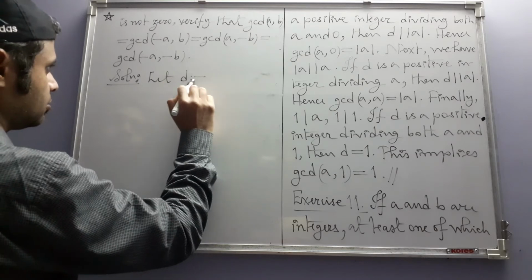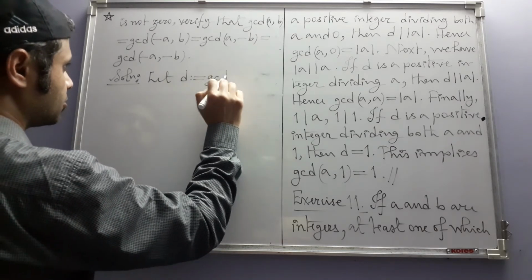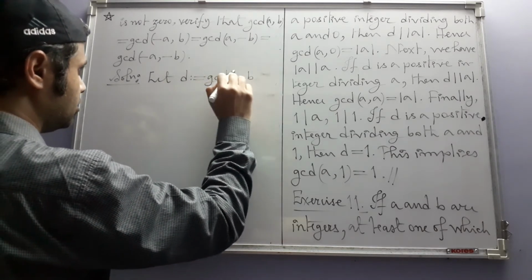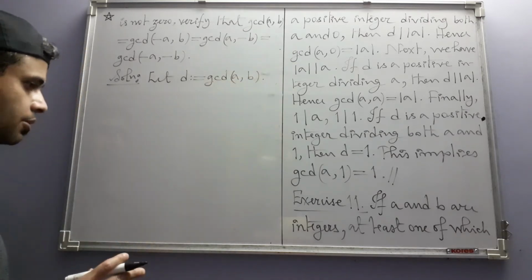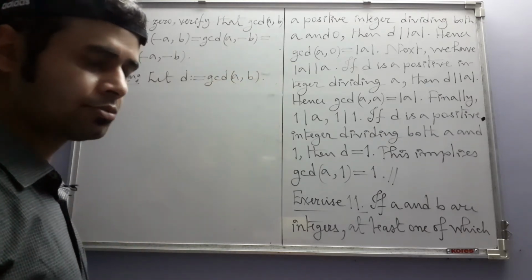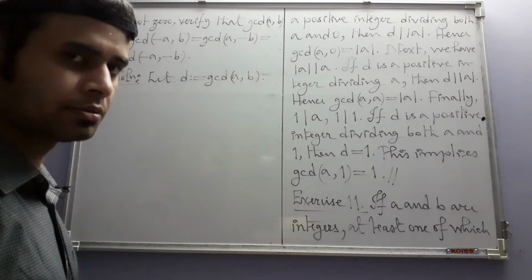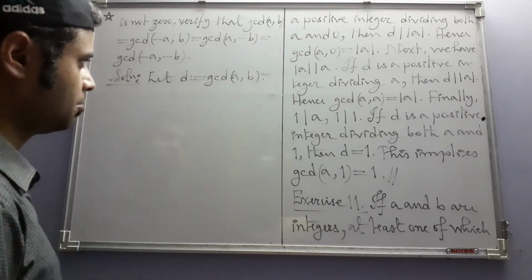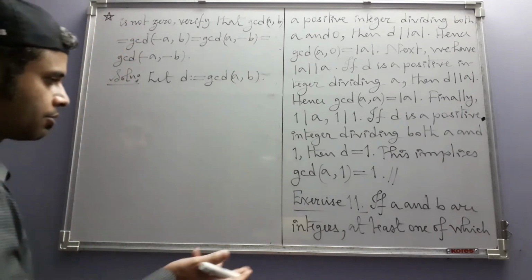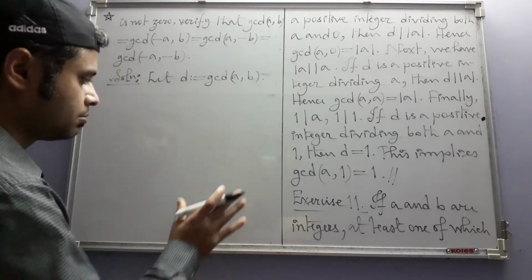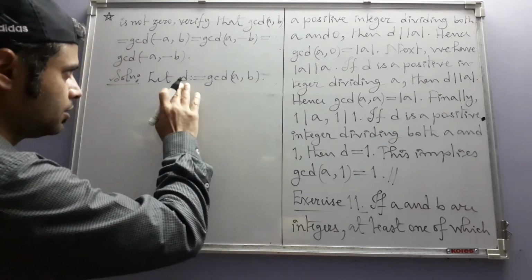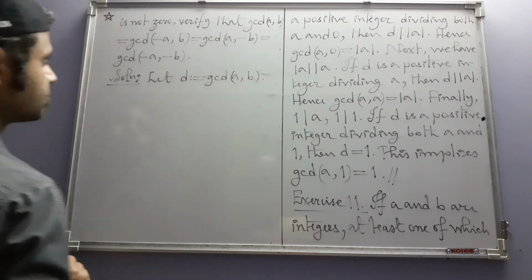Okay, let D be the greatest common divisor of A and B, which exists because at least one of A or B is non-zero. It may be the case that both are non-zero, but at least one is non-zero. So from our main theorem on greatest common divisor, D exists.